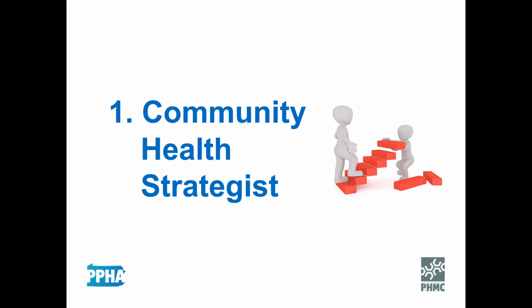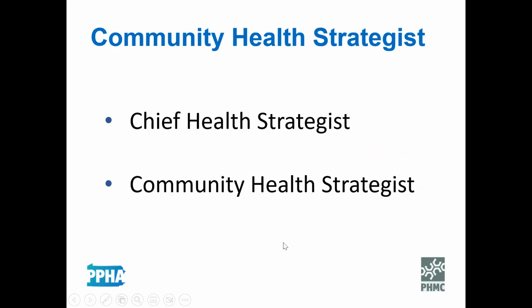The first recommendation is that public health leaders need to serve as community health strategists for their communities, mobilizing community action, forming strategic partnerships across sectors and jurisdictions, and strengthening community infrastructure. The Public Health 3.0 report talks about the Chief Health Strategist. However, since the report was issued, the field has changed the name to Community Health Strategist.